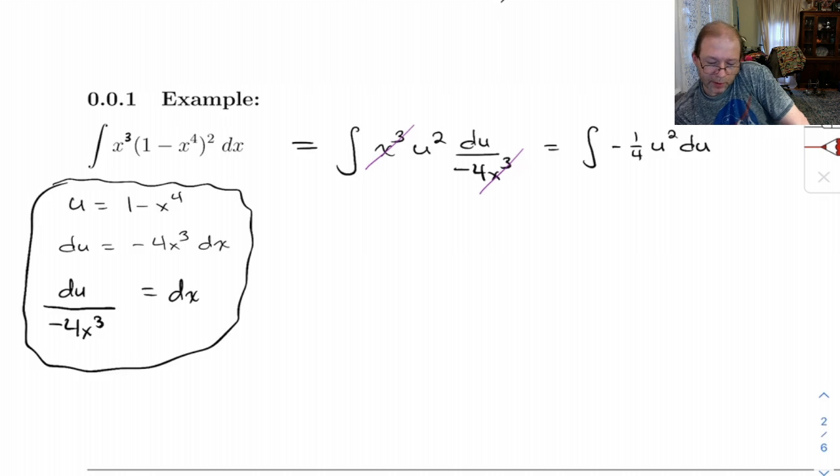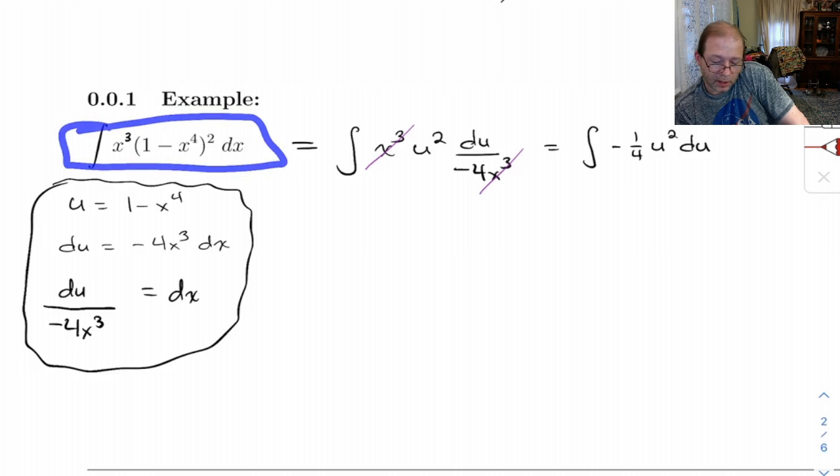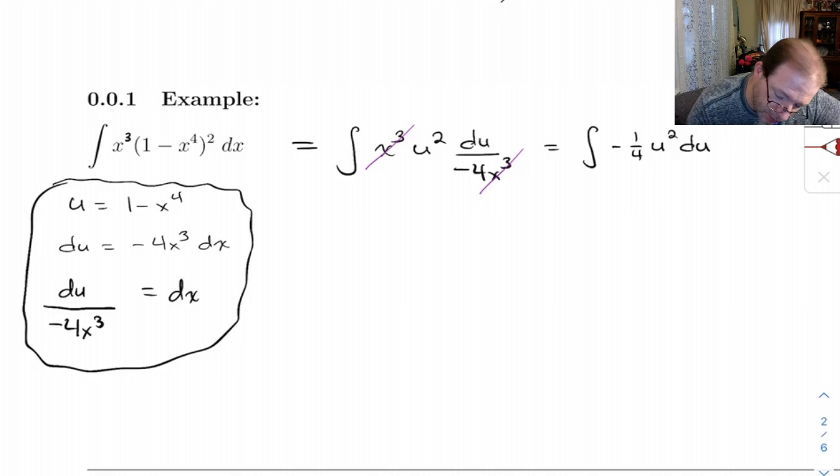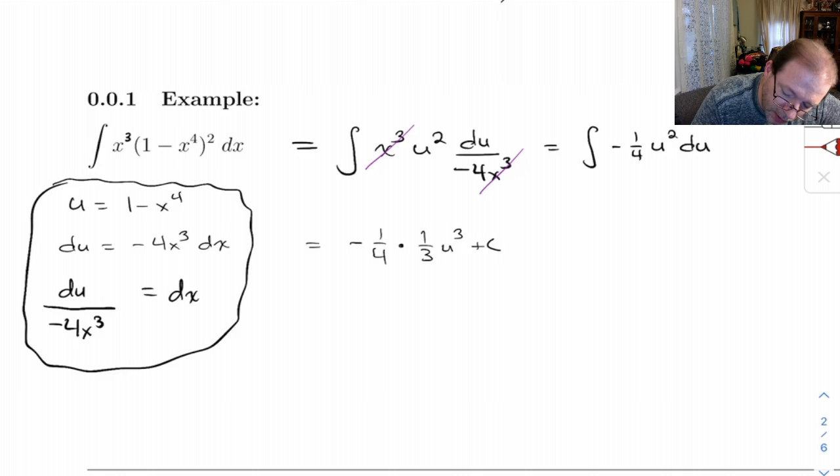Now notice what's happened here. I've taken it from an integral that only had x's in it, and then by doing this, I've changed it to an integral that only has u's in it. So now I can just integrate this as an integral with u as its variable. So I get minus 1/4 times 1/3 u cubed plus c. And of course that's minus 1/12 u cubed plus c.